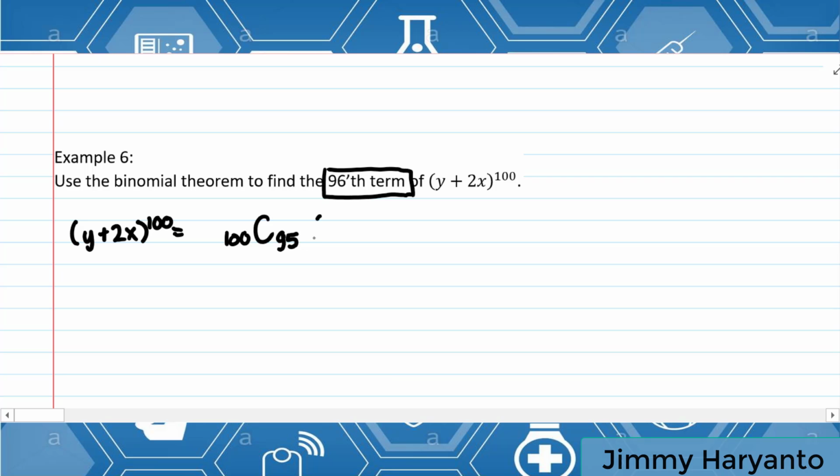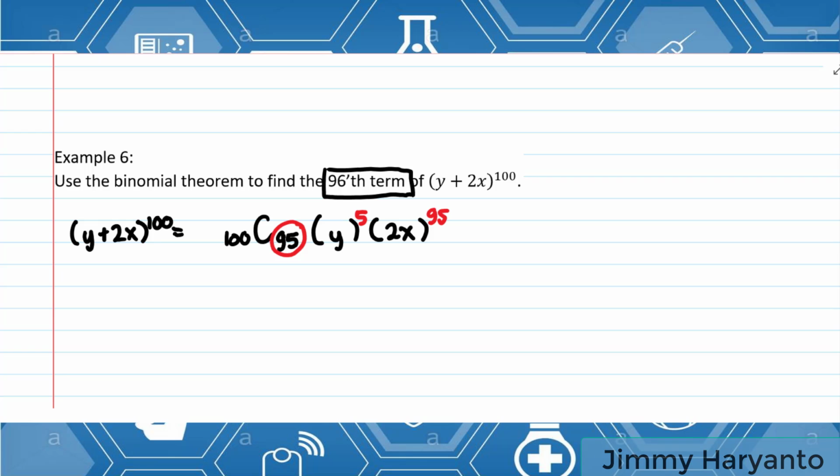Okay, and then the first term is y, the second term is 2x. This one is 95, so this one is also 95, and this one is the remainder. 100 minus 95 equals 5.